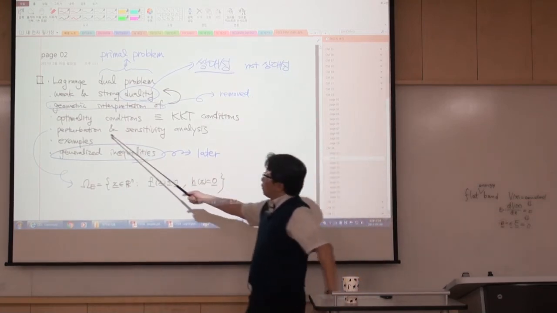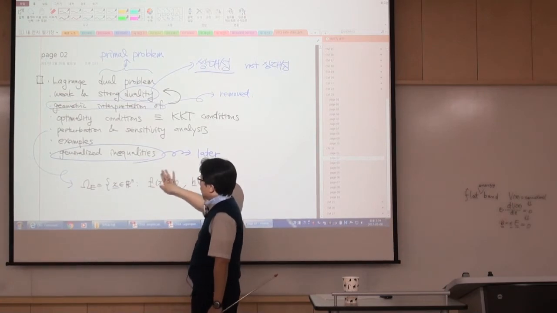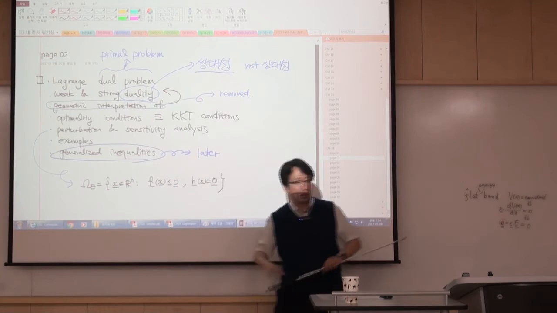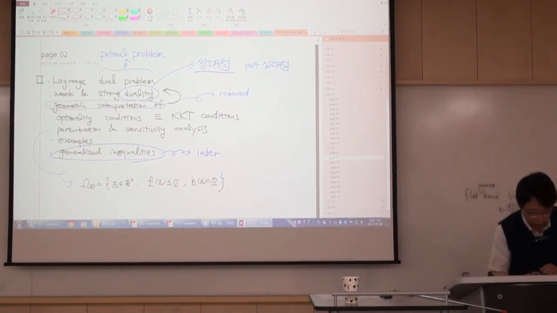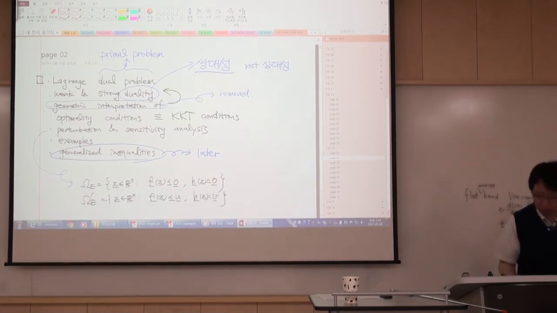Now, perturbation means that you change this zero vector to some non-zero vector, say u, and h for v. Okay? Here u and v are not zero vectors.